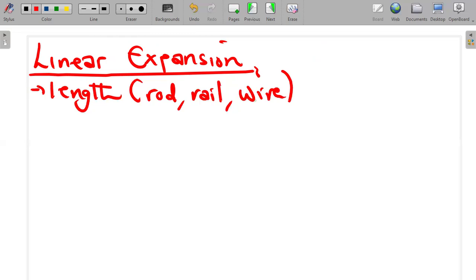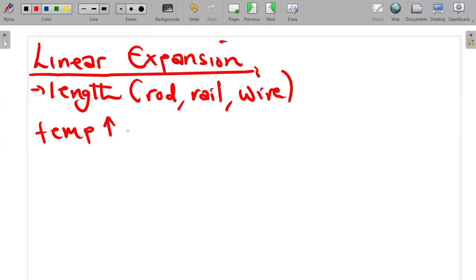So when there is linear expansion, that means the expansion is mainly focusing on the increase in length of that particular material. And why is that coming about? It's because we know that as temperatures are increasing, the atoms that make up a particular element usually vibrate with larger amplitudes.